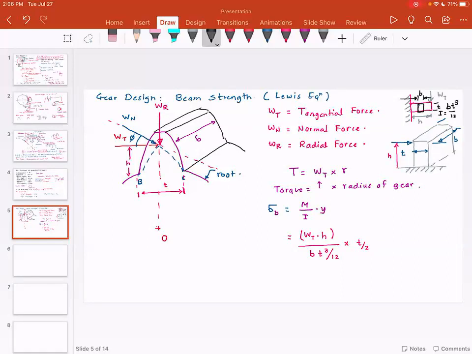Once you substitute and simplify, this equation can be written as WT is equal to sigma B multiplied by B T square divided by 6H.